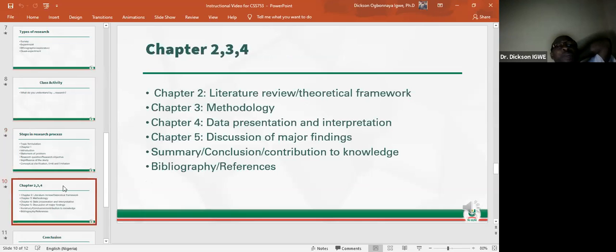So there is one important thing that I need to point out here, that before you choose your research topic, you must consider 5 very important factors. One of it is interest. The second is time. The other is cost. The other is access to human and material resources. The other one is novelty.